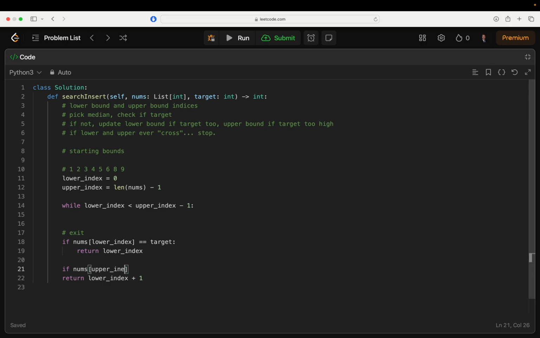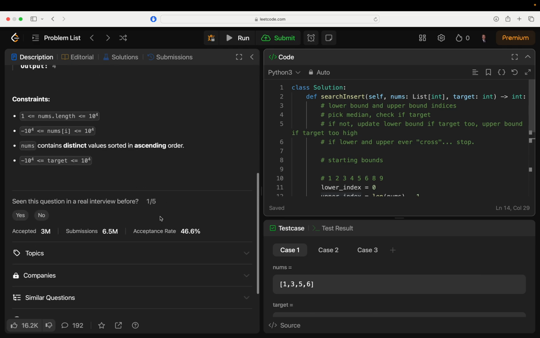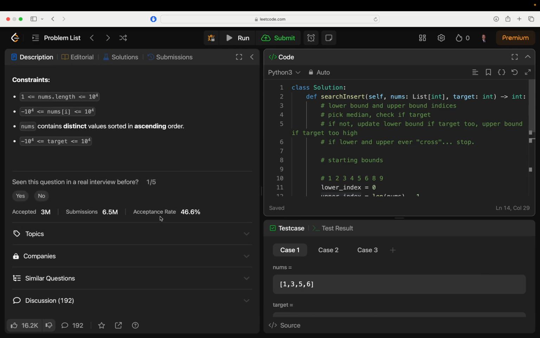I think it's just that added condition of having to find where it would be. Oh, actually, you know what? We can get kind of cheesy because if we're not in this loop, unless, how big does the list have to be? Do we have to consider a list size of 1? Yes we do.